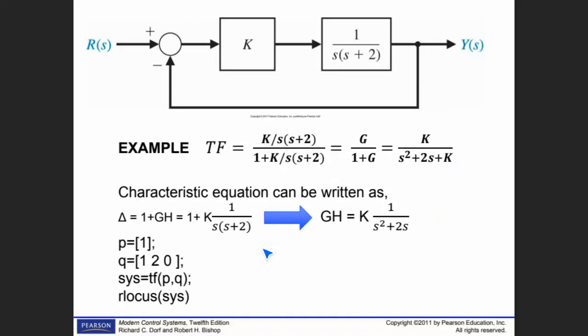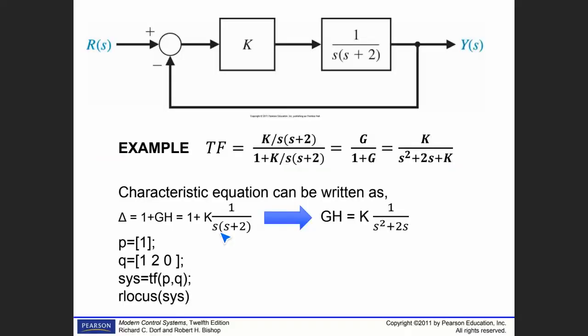So you can see that 1 plus GH is equal to 1 plus K times 1 over S plus 2. So you are going to write this one. In MATLAB, P is equal to 1, and Q is equal to S squared plus 2S, where 2 is coming here and 0 here.